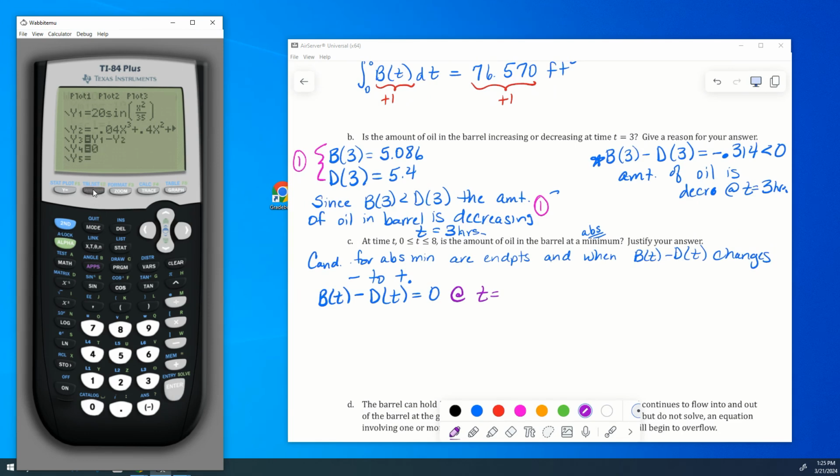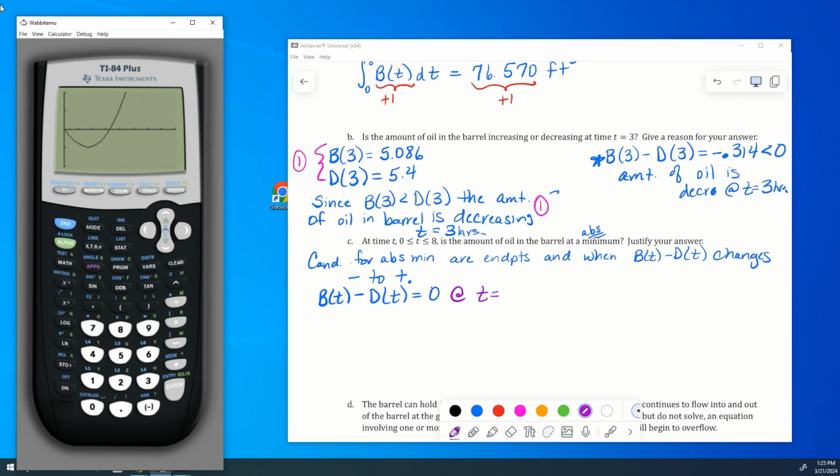I'm going to go to my window and set my time, 0 to 8. And because I'm looking at 0, I'm just going to put my y's from negative 2 to 2. I am going to graph, and I am going to find where that is going from negative to positive.